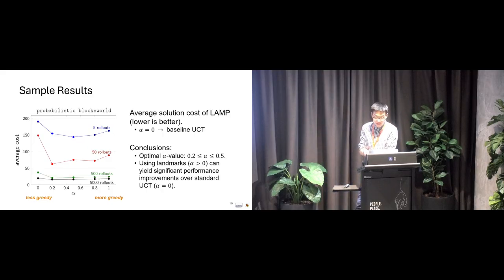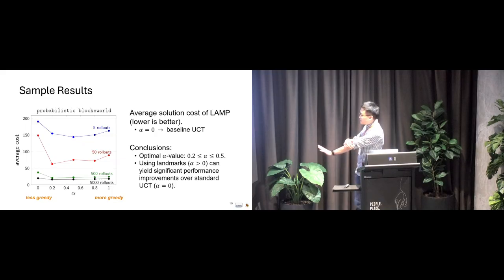That's the alpha parameter. Each of these lines represents LAMP running a different number of rollouts, ranging from 5 rollouts to 5,000. The number of rollouts basically represents the amount of work done to learn those Q functions. In our plot, lower cost is better, so it's no surprise that as you perform more rollouts, generally you get a lower cost.